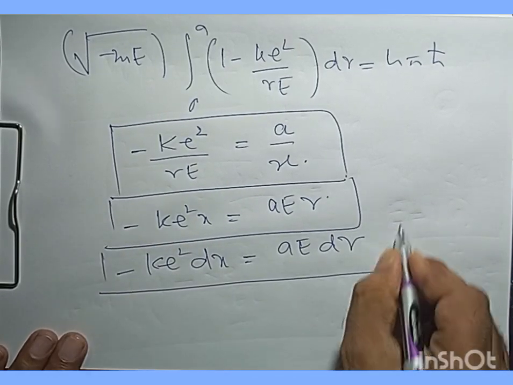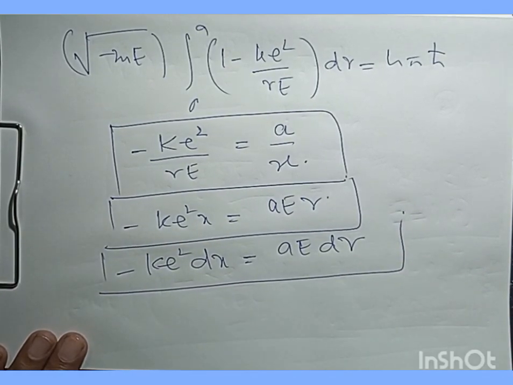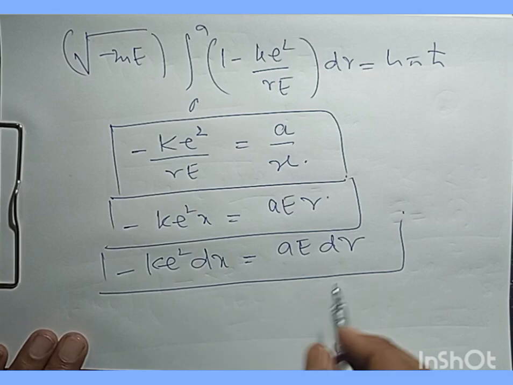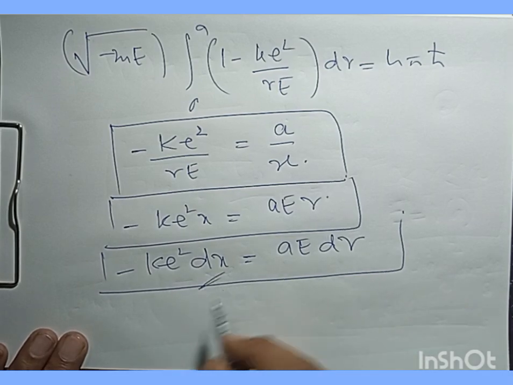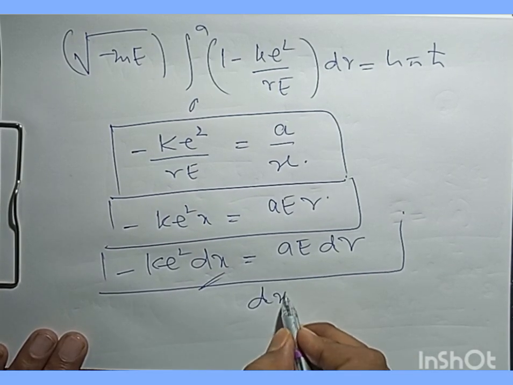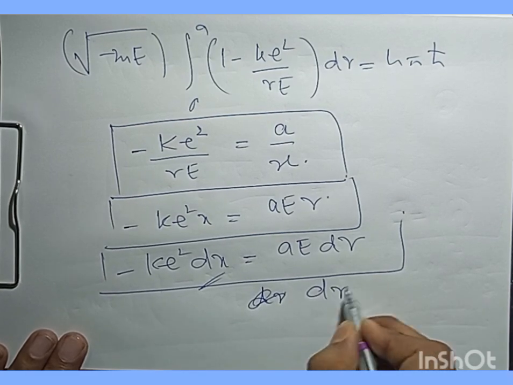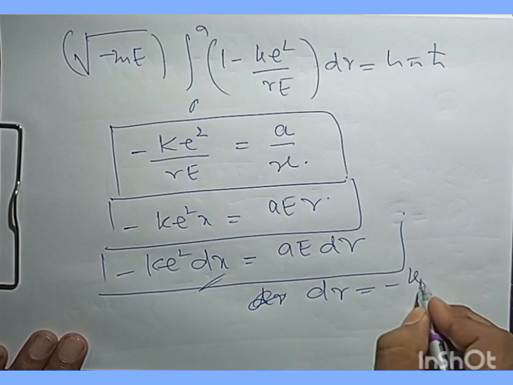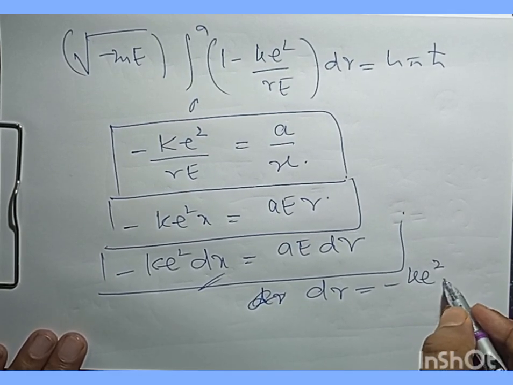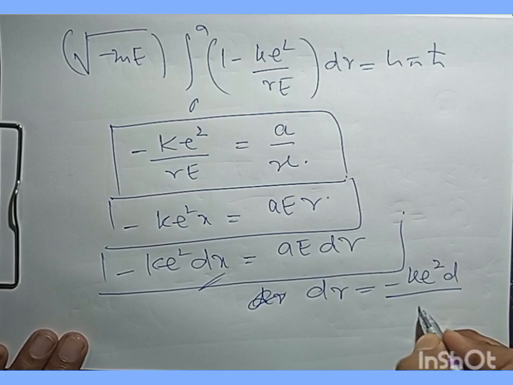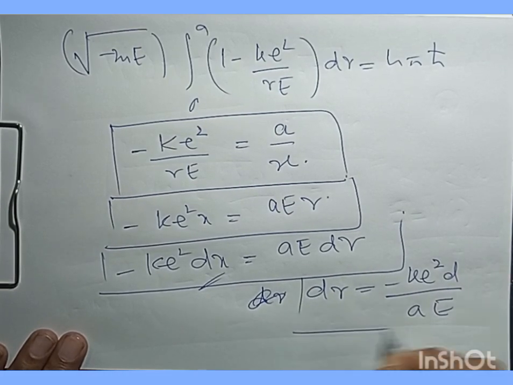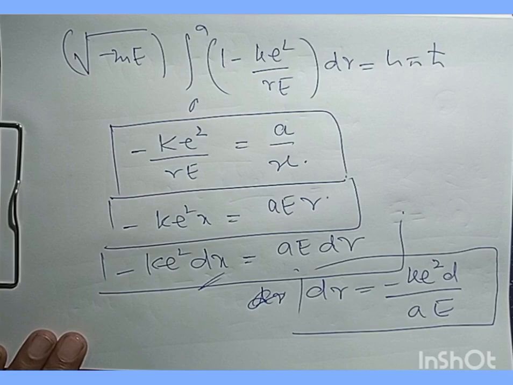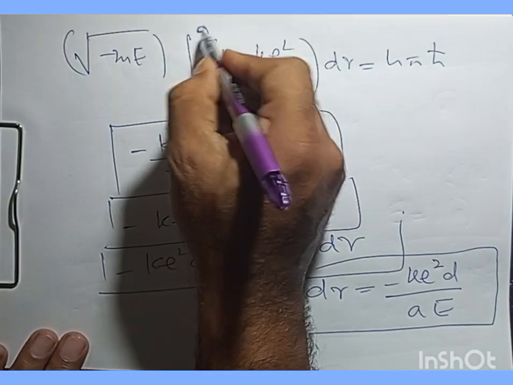So from here we can write the value for dr: dr will be minus K e squared dx by A E. Here it must be r in general.